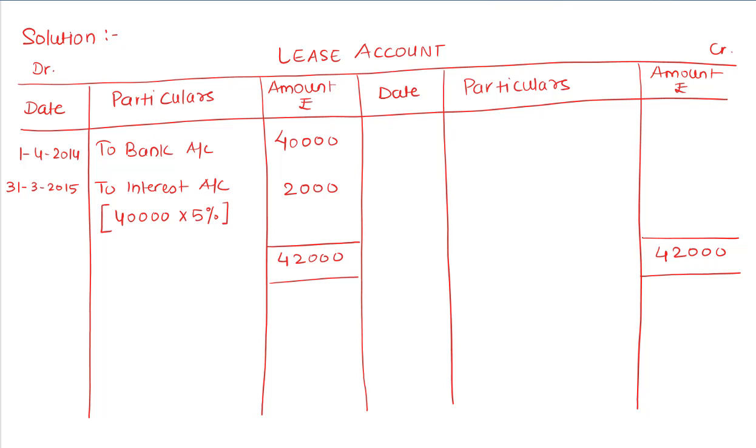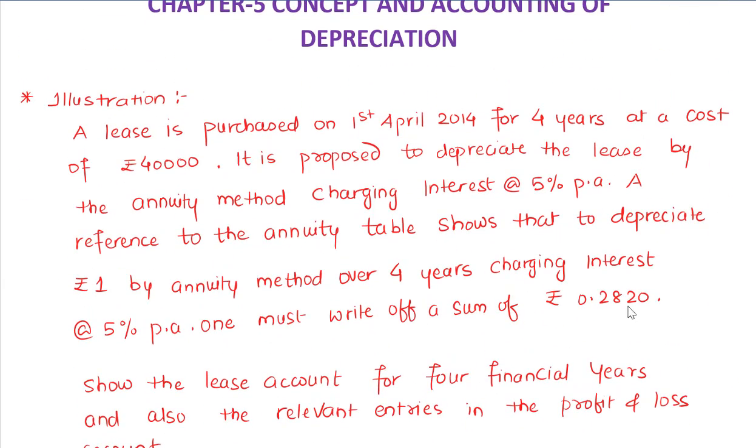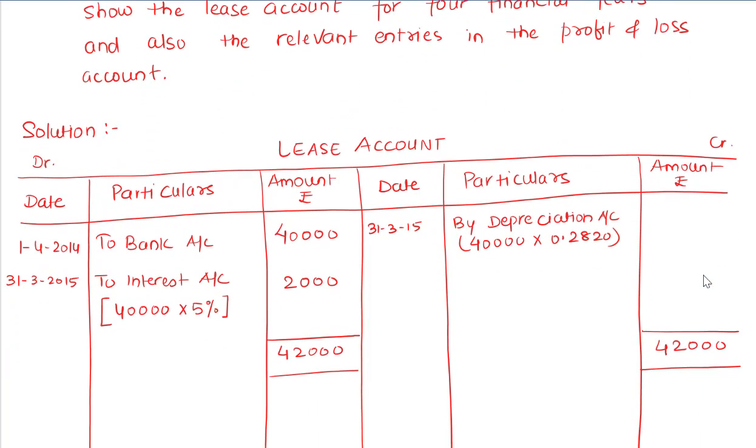Same year end, 31st of March 2015, by depreciation, 40,000 multiplied by 0.2820, just see it from here, 0.2820 for 1 rupee.